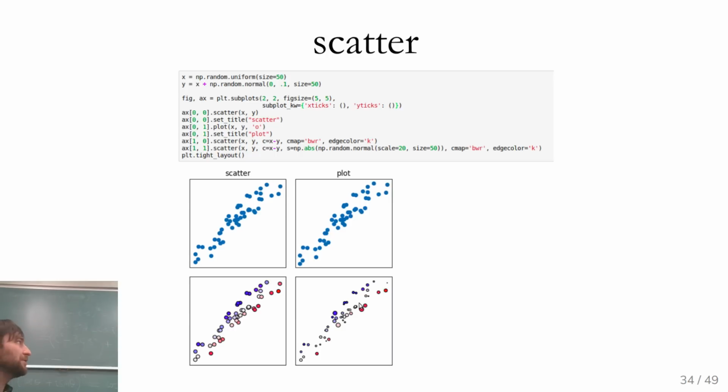Sometimes I also abuse scatter to plot different categorical things, like the 3 classes in the iris data set. And you can do that by doing c equal to y for the classes. But the problem is that's not really what it's meant for, and then it's basically impossible to get the right legend. And I've been struggling with this for many years now, and there's still no nice solution to how to make a scatter plot with categorical data.